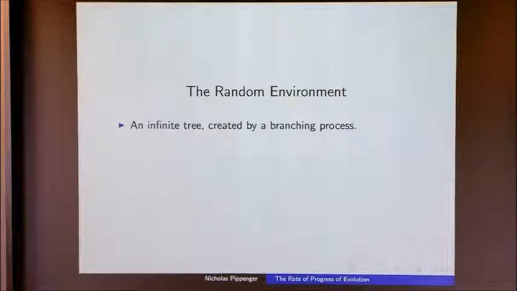Okay. So here's the model for the random environment. Again, it's already been described today. It's going to be the infinite tree of a branching process. This will be a single species branching process, so we'll be able to compute the extinction probability even with pencil and paper. The model will be very simple.